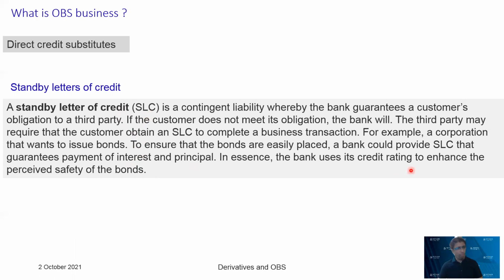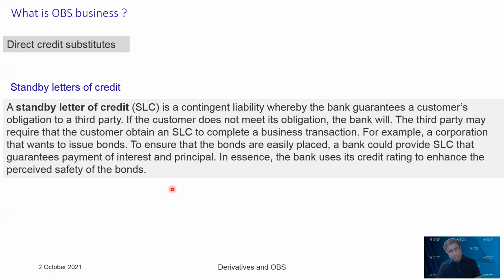Now that issue of bonds will be sold very fast because there is a guarantor. And this is what we call a standby letter of credit. So the payments will happen on the day, and hopefully it will be made by the corporation who issued those bonds. If they don't pay, then the bank will pay.